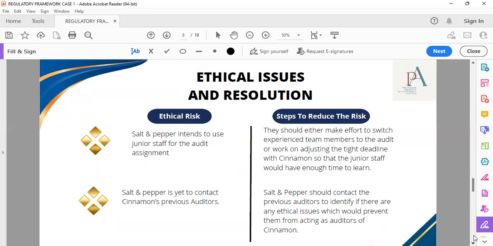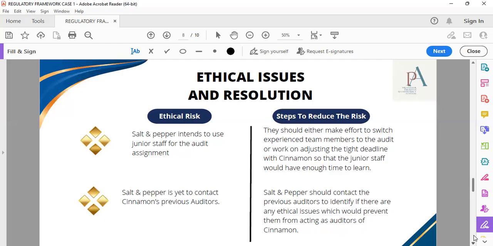You see, when I gave you the summary before we started, which you also have in your case study before you, I gave you the summary around the ethical risks that have been identified. Number one, Salt and Pepper wants to use junior staff for the audit assignment.